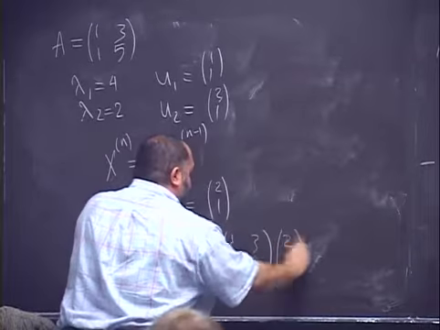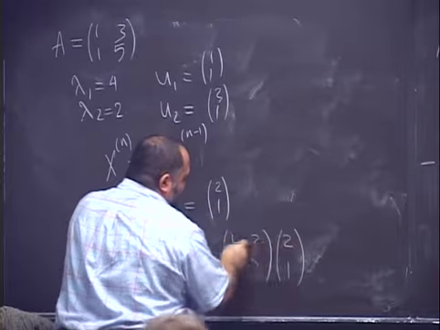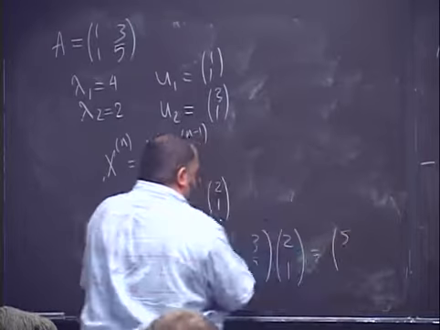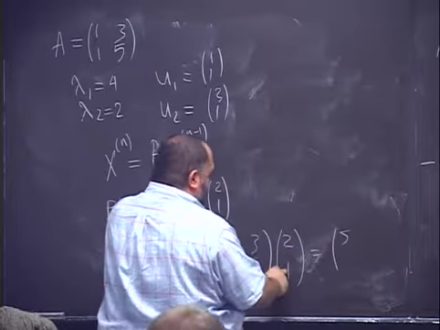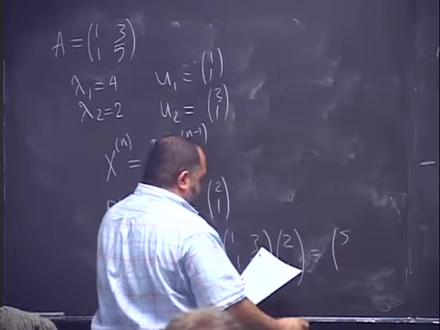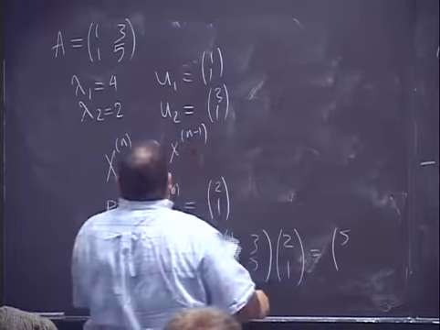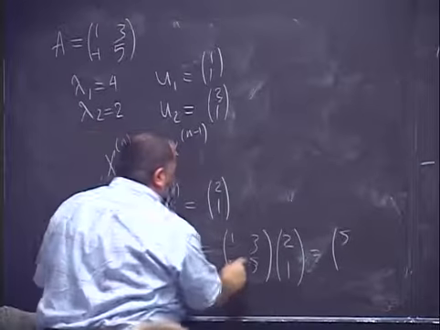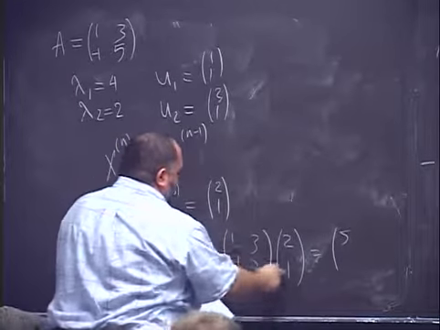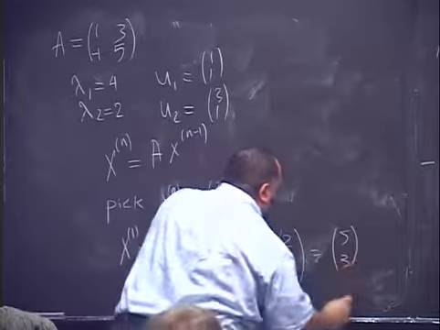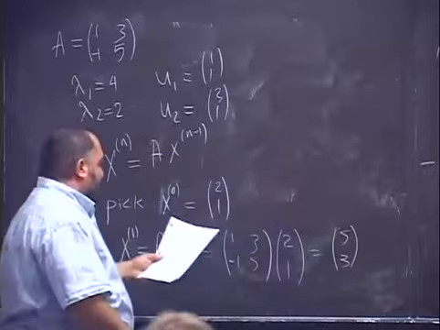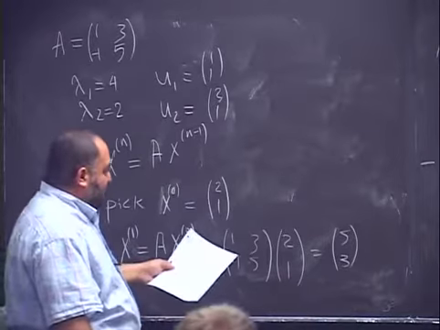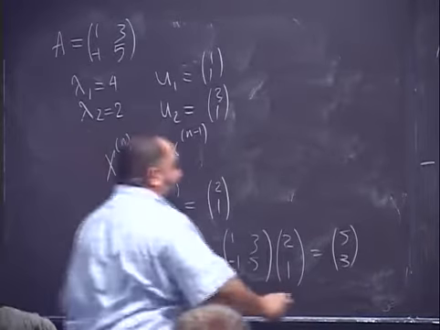And what's x at 0? 2 and 1. So if you multiply this, 1 by 2 is 2, plus 3 is 5. And for the second row, actually A is 1, 3, minus 1, 5. So it will be minus 2 plus 5, which will give you 3. So we got 5 and 3. So this is x1.